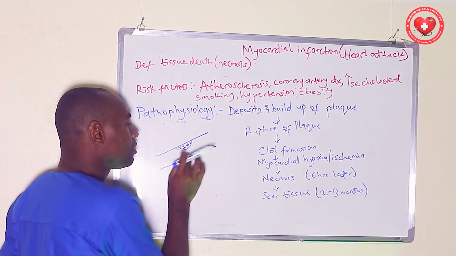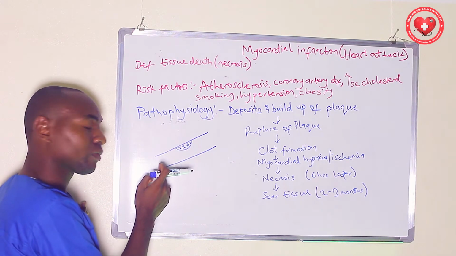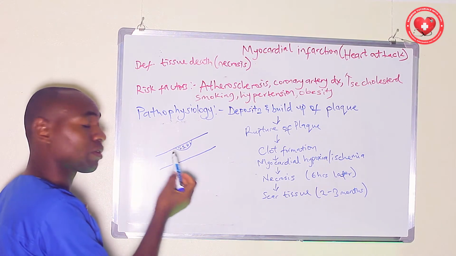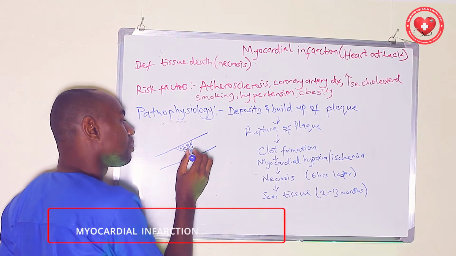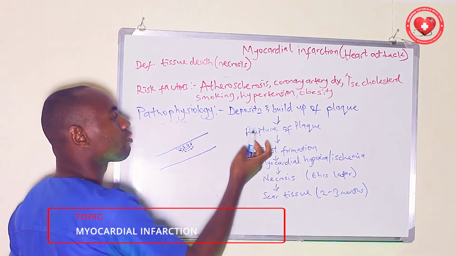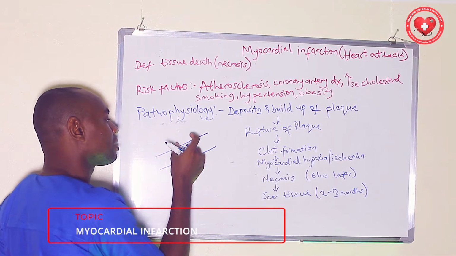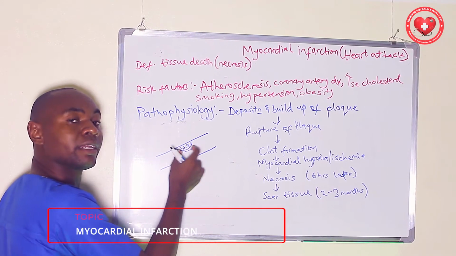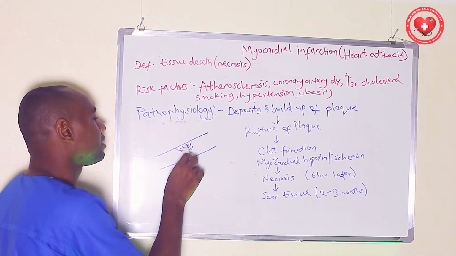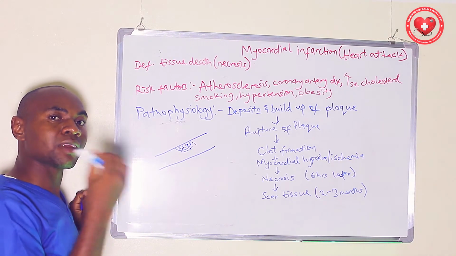Over time, they grow, and there is partial occlusion, which, if not watched out for, grows more. Then you have rupture of the plaque, and the body now sees it as an inflammation.